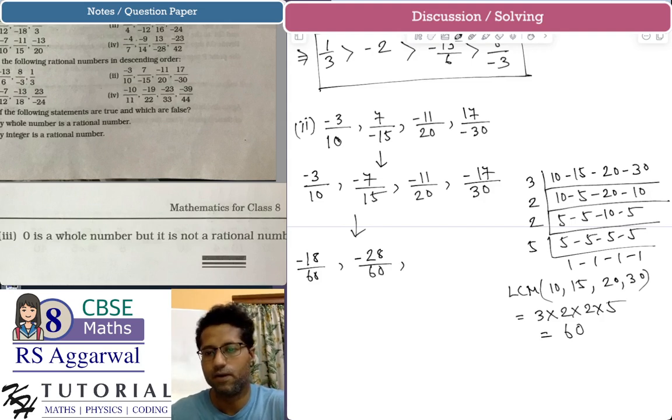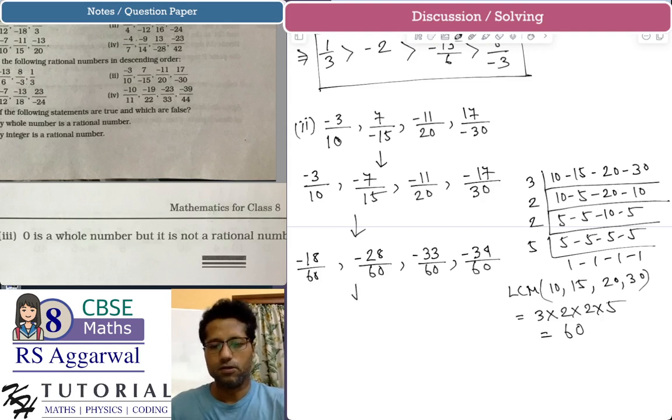Similarly, minus 11 by 20 will become, we will have to multiply both the numerator and the denominator with 3, becomes minus 33 by 60. And minus 17 by 30, we have to multiply both the numerator and the denominator with 2. So it becomes minus 34 by 60.